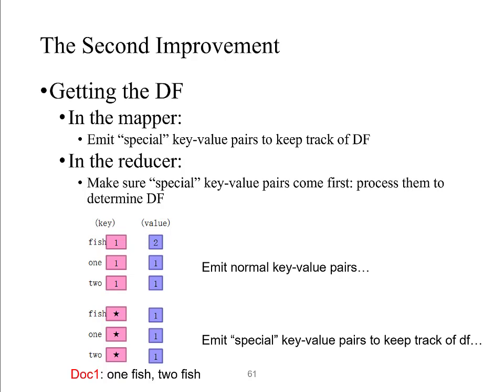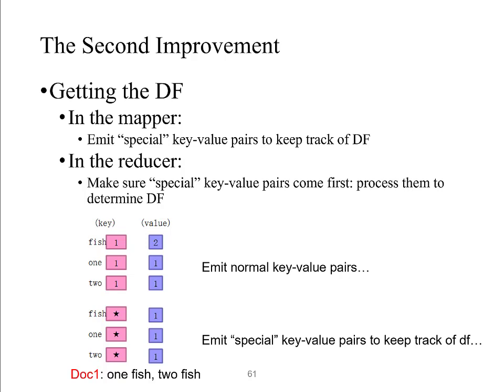So in order to get the document frequency, we can do the following. In the mapper, we emit special key value pairs to keep track of document frequency. And in the reducer, we make sure these special key value pairs come first, so we can process them to determine the document frequency. Here we use this star as a special key, and the value is the document frequency.